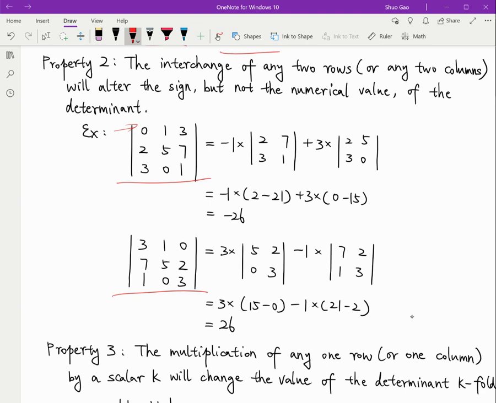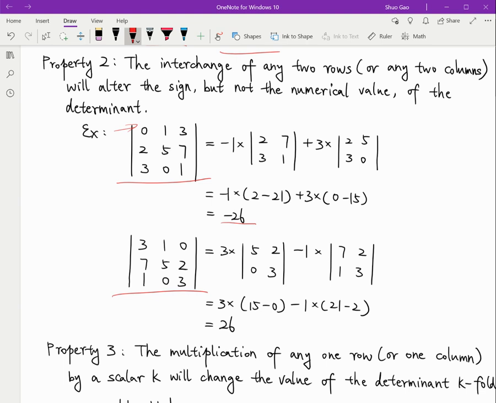So it should be 0 times its adjoint matrix or subdeterminant, so it's 0, and then minus 1 times this matrix, and plus 3 times the subdeterminant. So it should be minus 26. I just use the general equation for the third degree determinant to find the determinant of this matrix.